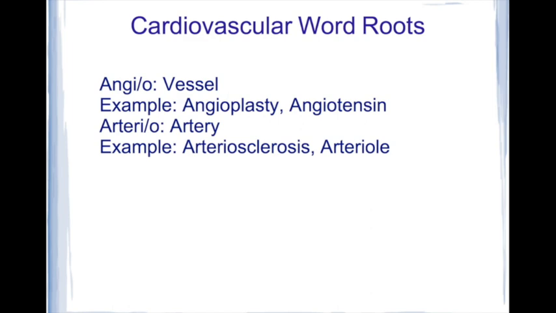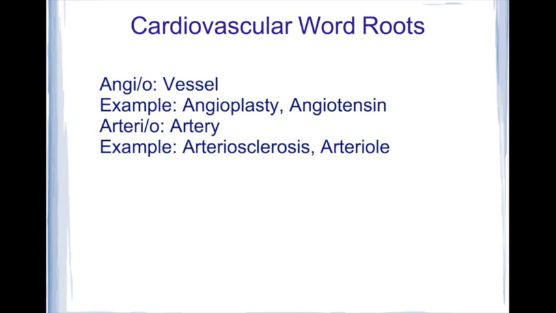I would hope you'd be able to figure out that arterio means artery. So it's not blood, it's not vessel. That's angio. Arterio, artery. So arteriosclerosis is hardening of the walls of the arteries. Arterio is artery and sclera means hard. Arteriole, ol means small or little. Arterio refers to an artery, so it's a small artery.